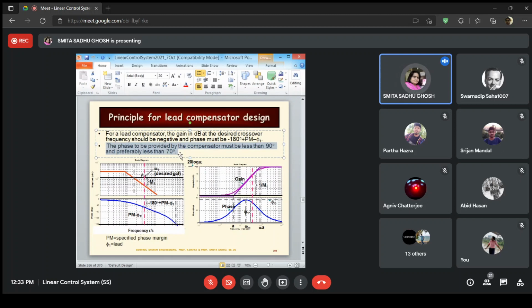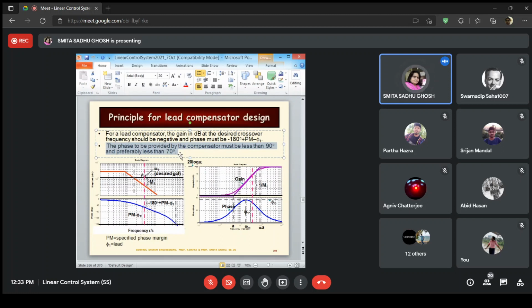You should not take a decision in which you will be requiring, say, 80 degree of phase lead from your compensator. No, that will not be possible. Numerically, you will never get that much phase lead from your compensator. So you would have to, at the most, settle for 60 degrees or so. 65 or 63, I think we saw, is the most that you could be asking for from your compensator.